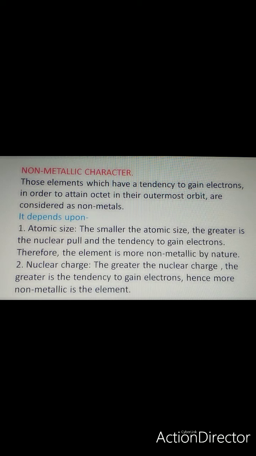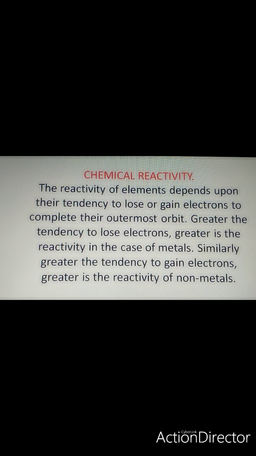So here is the chemical reactivity. The reactivity of elements depends upon their tendency to lose or gain electrons to complete their outermost orbit. The greater the tendency to lose electrons, the greater is the reactivity in the case of metals. Similarly, the greater the tendency to gain electrons, the greater is the reactivity of non-metals.